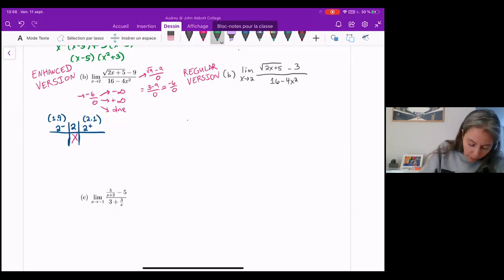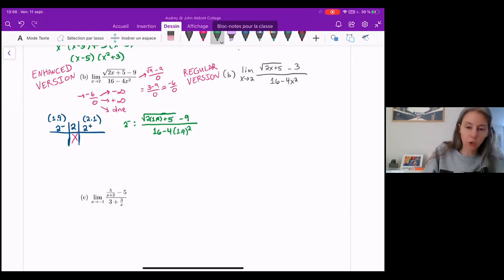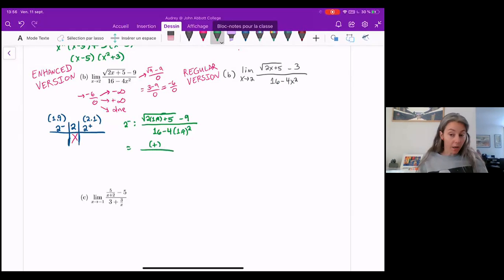So if I have 2 from the left here, I have the square root of 2 times 1.9 plus 5 minus 9 over 16 minus 4 times 1.9 squared. So on the top, that gives me a positive value. And then on the bottom, that's going to give me a positive value as well.